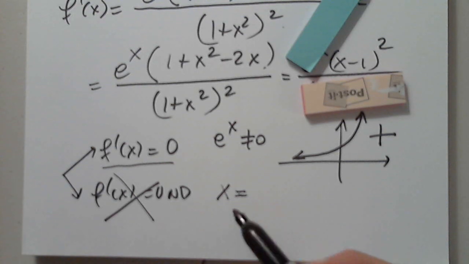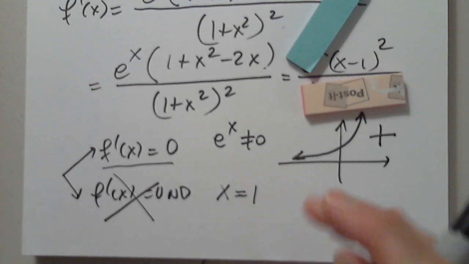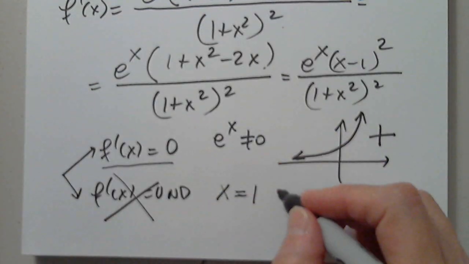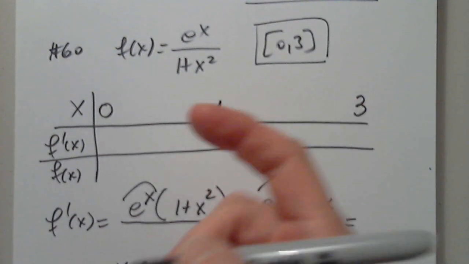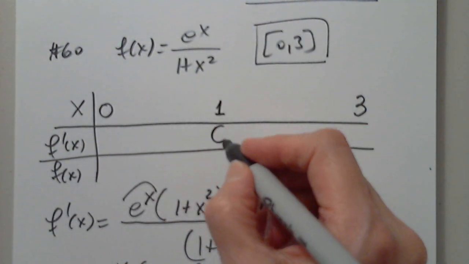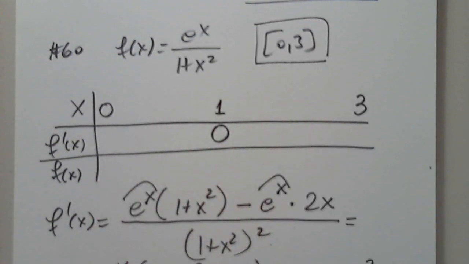For which value of x? 1. Exactly. So that's the only critical number. I put it in where it belongs. I put 0. And now I have to study the sign.